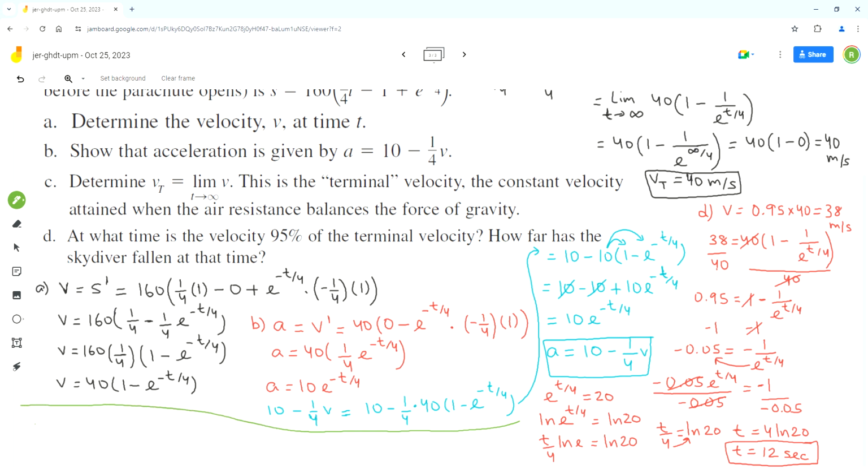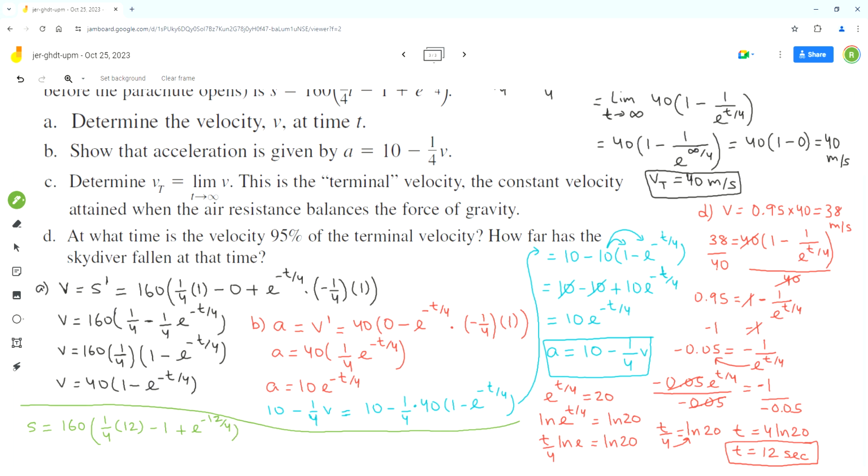So the given function is s equals 160 and then parentheses 1 over 4 times t, and t is 12, and then minus 1, and then plus e with the exponent negative 12 over 4.